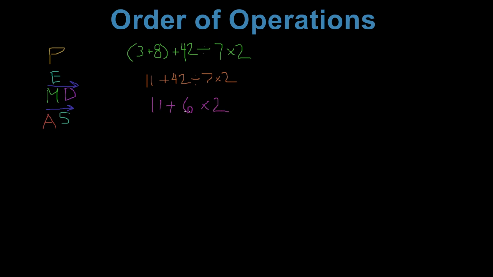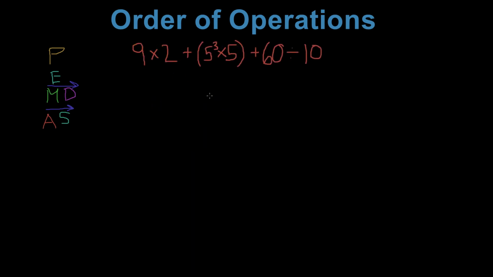Now we're going to multiply 6 times 2, because division and multiplication are before addition and subtraction. So 6 times 2, we're going to make this one yellow. 6 times 2 is 12. And 11. Now we're just simply going to add 11 plus 12, which of course is 23. So our answer is 23 at the very end.